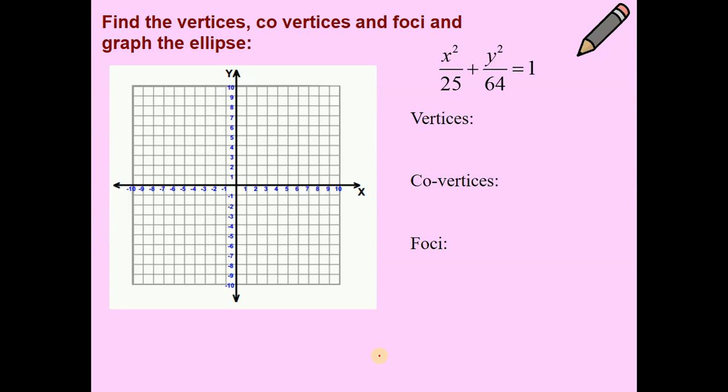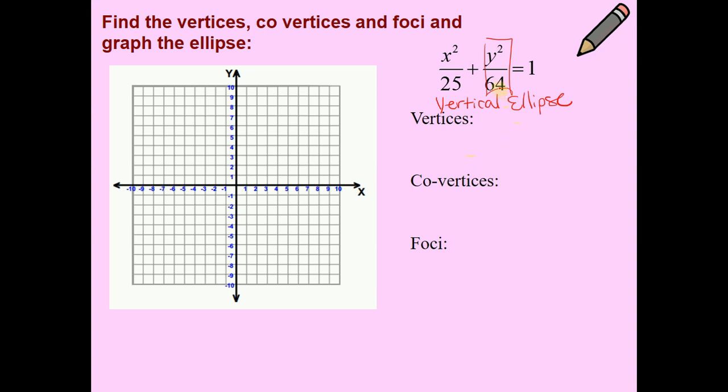Let's take a look at another example here. So I got vertices, co-vertices, and foci. Let's figure out first, not on here, but are we a major axis? Is it horizontal or is it vertical? Well, I look here and my y squared has a bigger denominator. So that tells me I am going to be a vertical ellipse. I know I'm going to be going up and down.